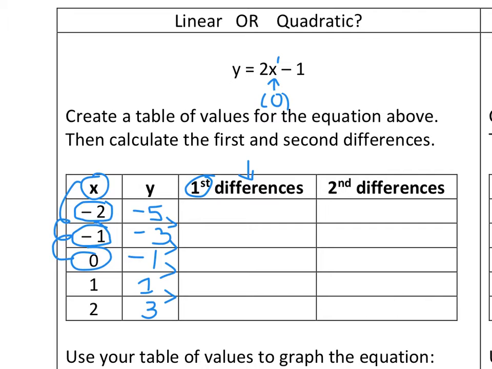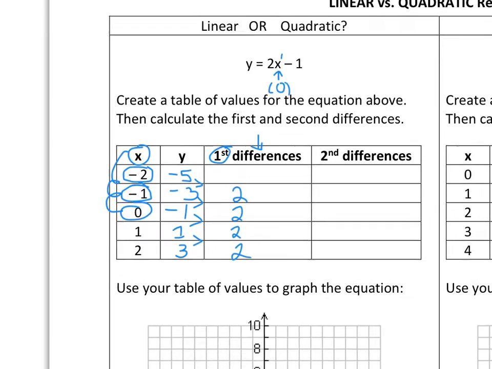Let's subtract from the bottom up. 3 minus 1, 2. 1 minus -1, 2. -1 minus -3, 2. -3 minus -5, 2. They're all the same. That means that this is definitely linear.